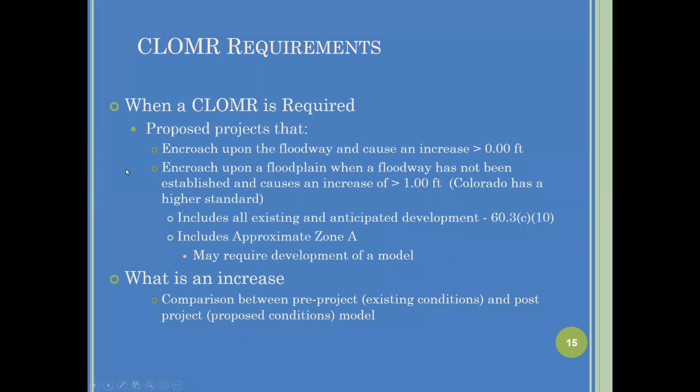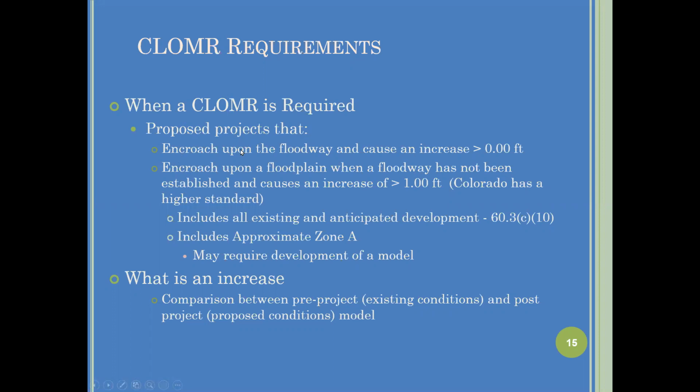When is a CLOMR required? Any activity that modifies the floodway by causing an increase in the base flood discharges in the regulatory floodways, or more than 1 foot in any portion of the special flood hazard area if no regulatory floodway is designated.